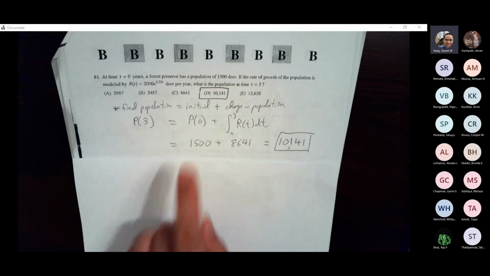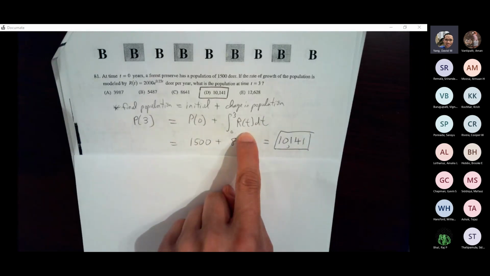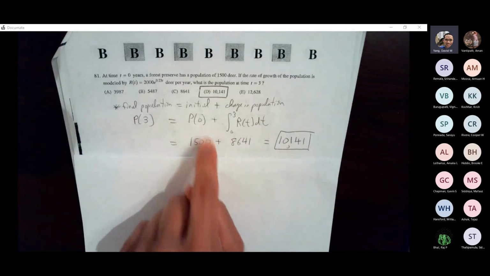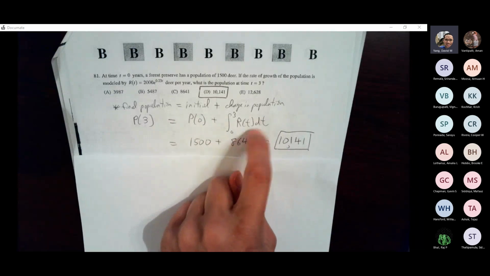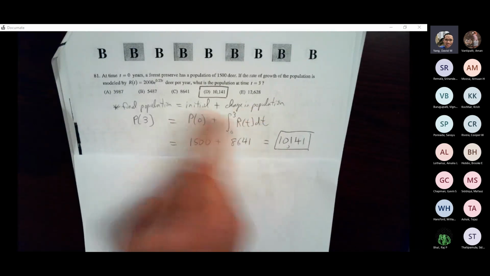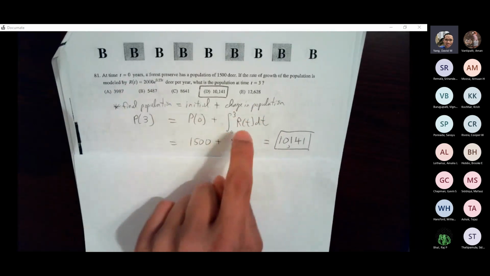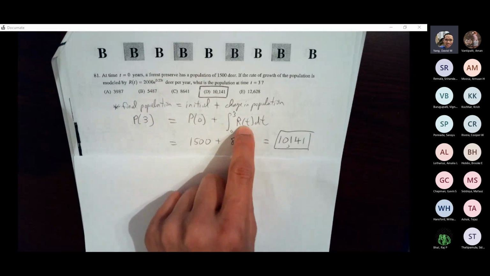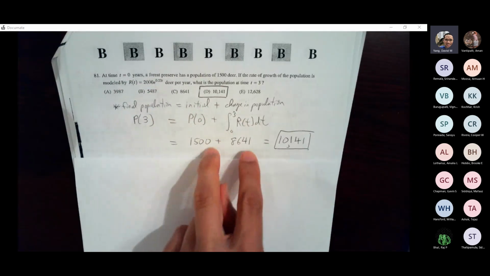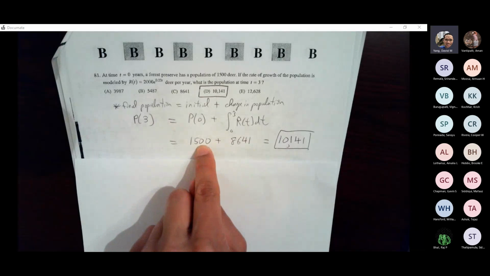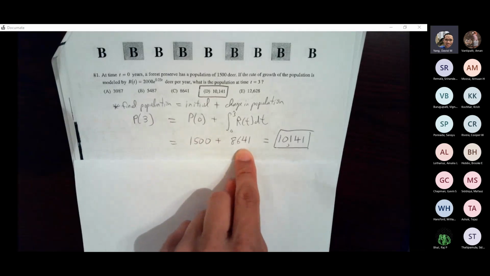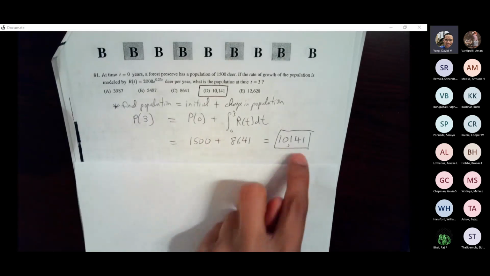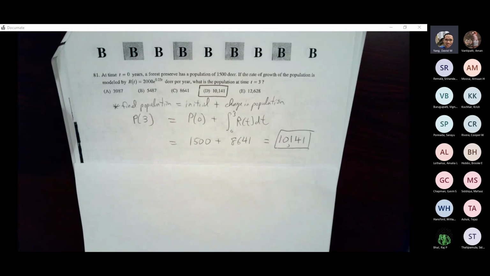Final population equals initial plus displacement. So we know the initial population is 1,500. We know that the change in population is just the integral from 0 to 3 of R of t. That goes into our calculator, and we get 8641. We start off with 1,500. We're going to gain 8641, and after 3 years, we're going to have a total of 10,141.